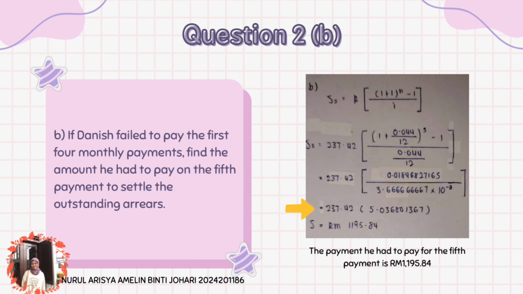Next, we'll get 237.42, bracket 5.036801367 bracket. And the final answer for the payment Danish had to pay for the 5th payment is RM1,195 ringgit and 84 cent.